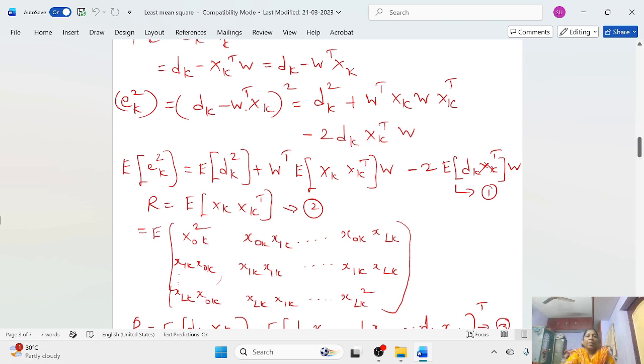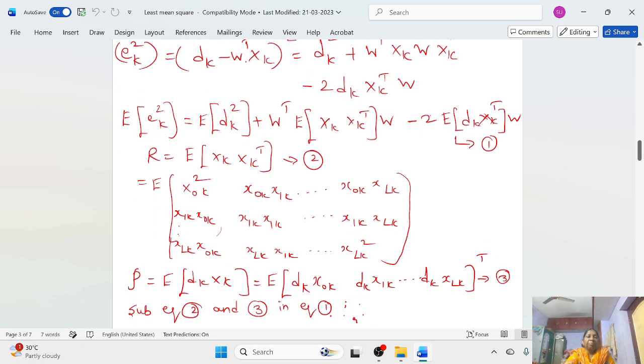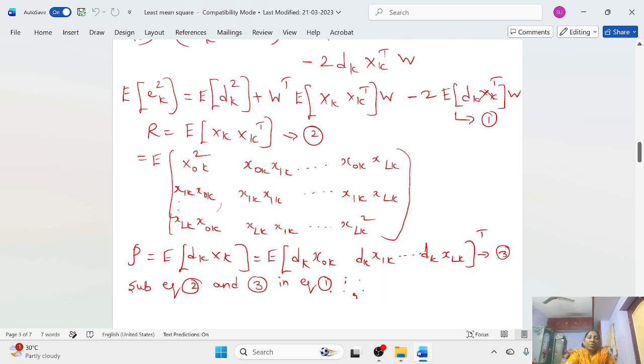The next step, we expand this expectation of xk and xk transpose. When we expand this by substituting values for k like 0, 1, 2, 3, etc., you will get x0k into x0k, which we can represent as x0k squared, and here x0k into x1k, and x0k into xLk, till xLk. Like that, we expand equation number 2 and represent it in matrix form.